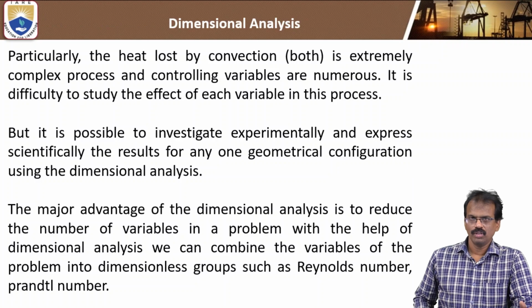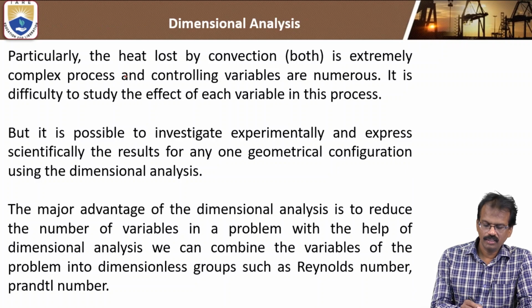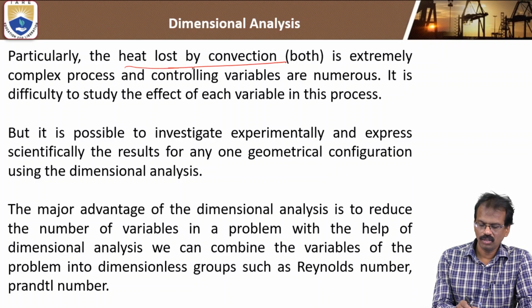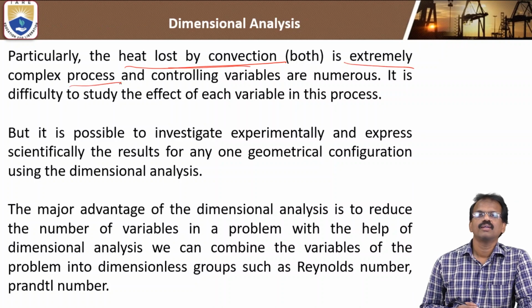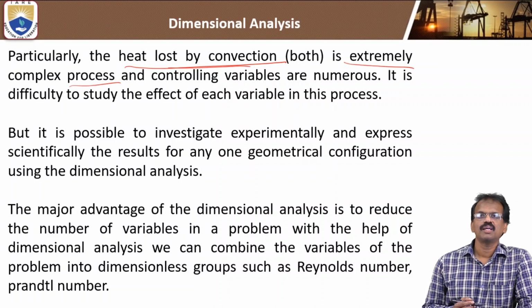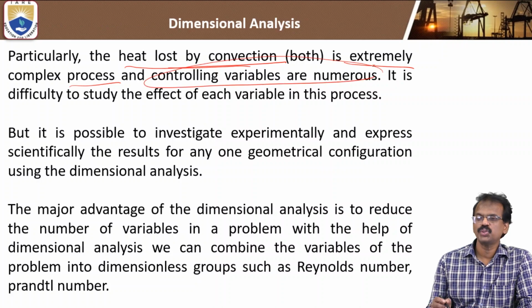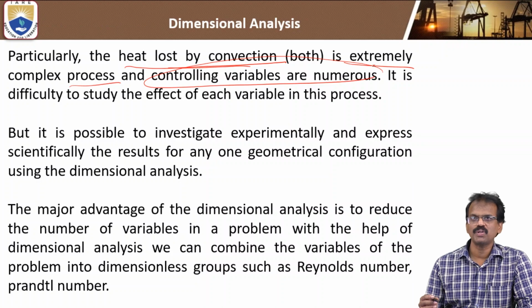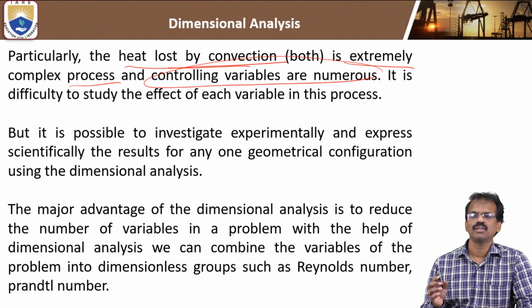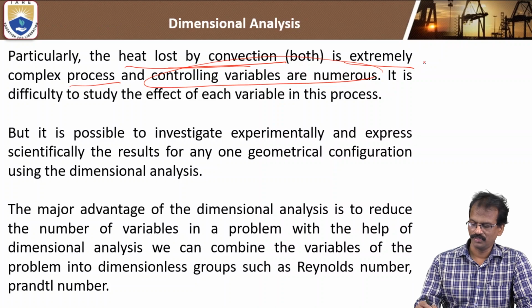Particularly, the heat lost by convection is an extremely complex process. The controlling variables are numerous, because the properties of the fluids are many: density of the fluid, viscosity, kinematic viscosity, surface tension, and velocity of the fluid.